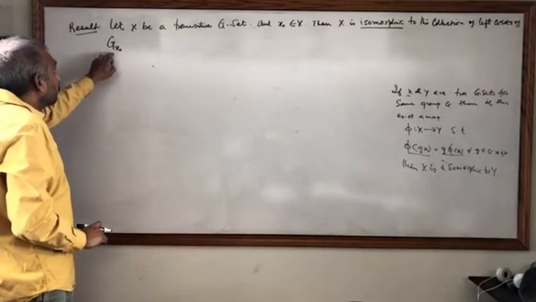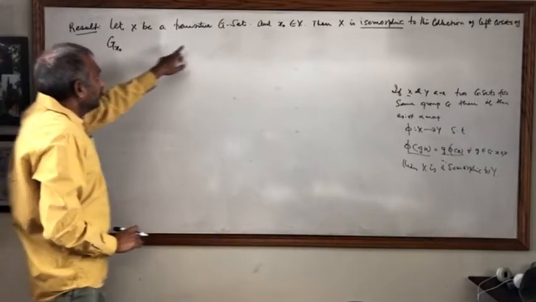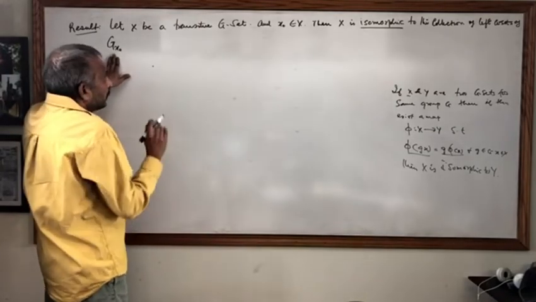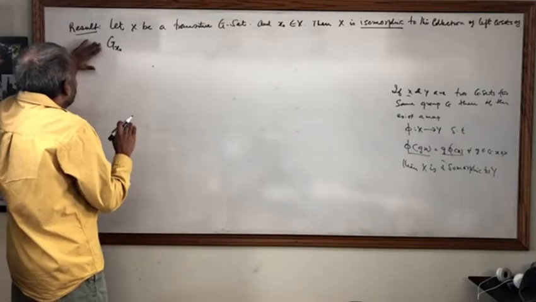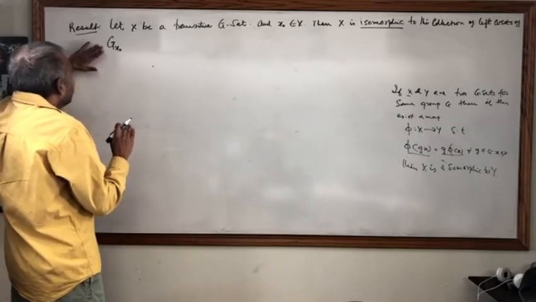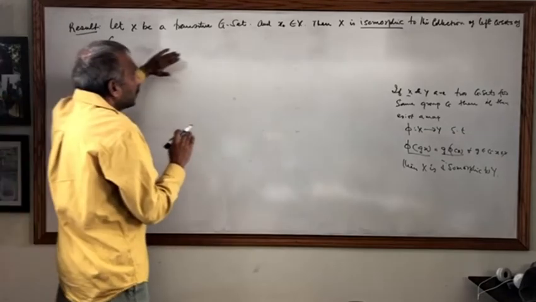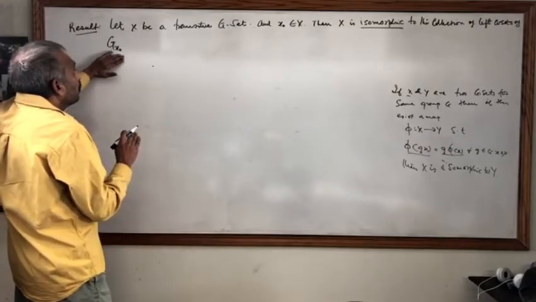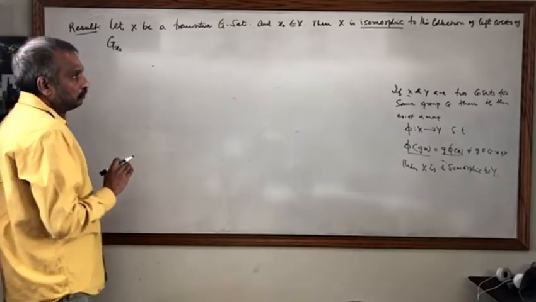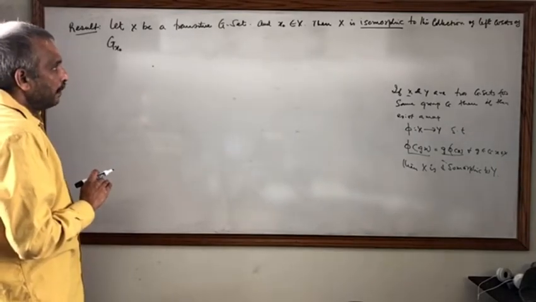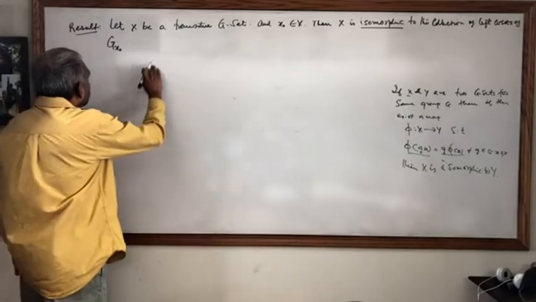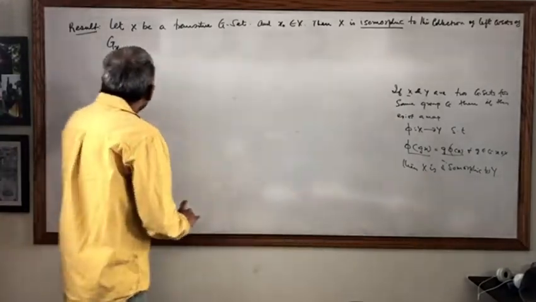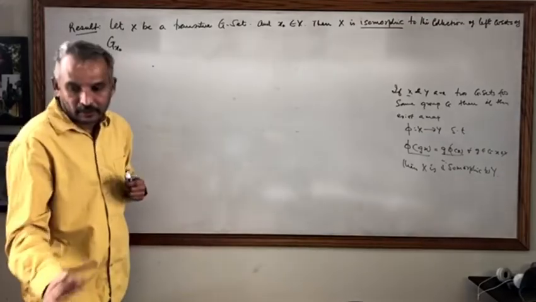Gx0 is a subgroup of G. So we have already established another result before this, that the collection of all left cosets of a subgroup of a group is a G set. So this makes sense now. So let us start showing this result.